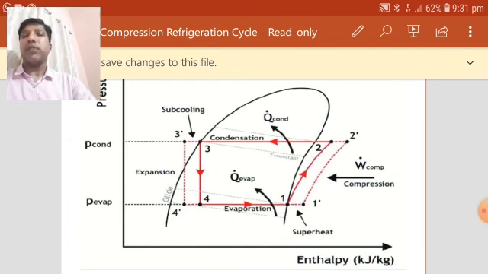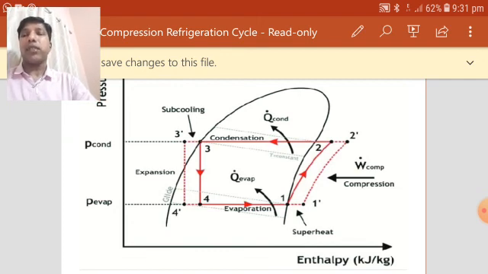So when suction is saturated, 1-2 will be the compression process, whereas if suction condition is slightly superheated, maybe 5 or 10 degrees superheated, then it will follow a path 1 dash 2 dash.